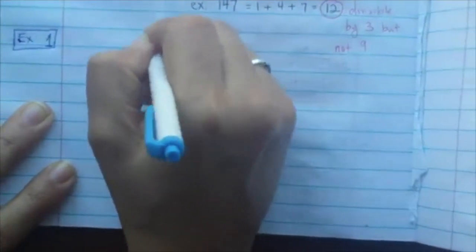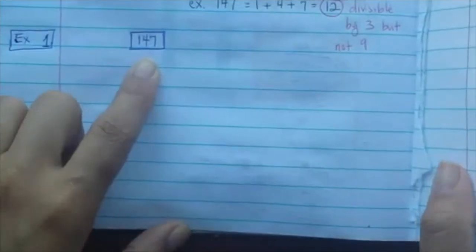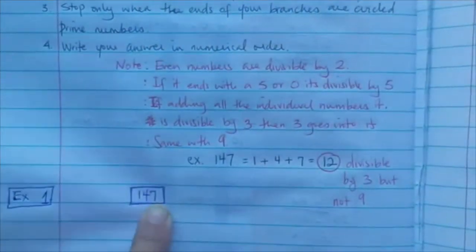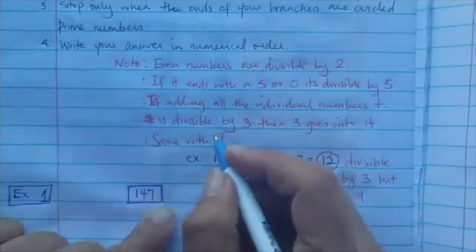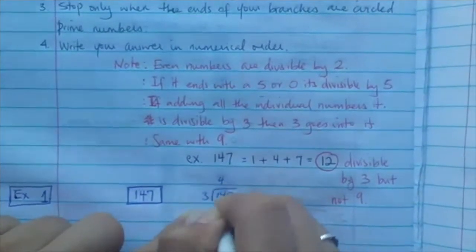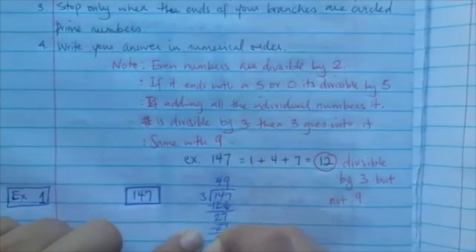So example 1, let's take a look at 147 since we just mentioned that. The very first step is to break the number down by dividing by prime numbers. Smallest prime number, 2, doesn't go into it, but 3 does because it adds to 12. So 3 into 14, 4, and then we get 49.